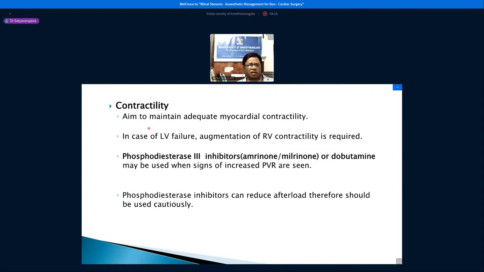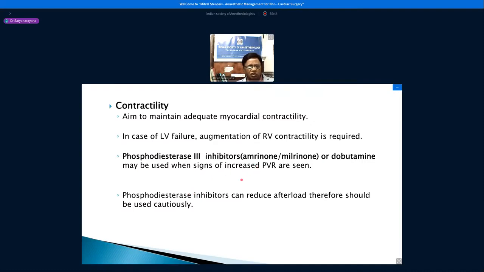And again, the contractility is to be maintained adequately. In case of LV failure, augmentation of right ventricular contractility is required because the LV has already failed. So you need support from the right ventricle, to improve right ventricular contraction function. You may need the help of drugs like phosphodiesterase 3 inhibitors like amrinone and milrinone, or sometimes dobutamine may be used.